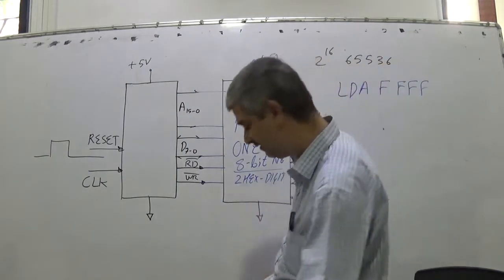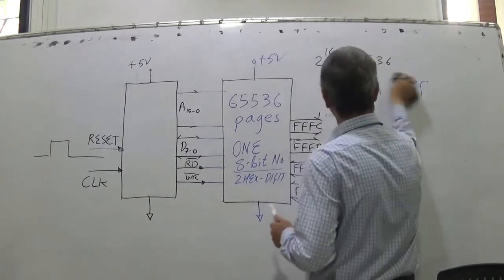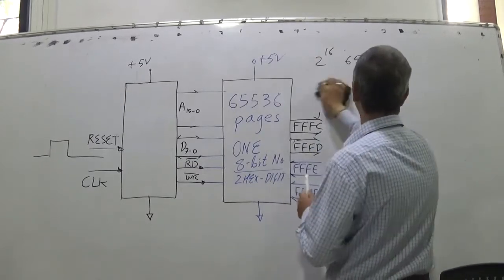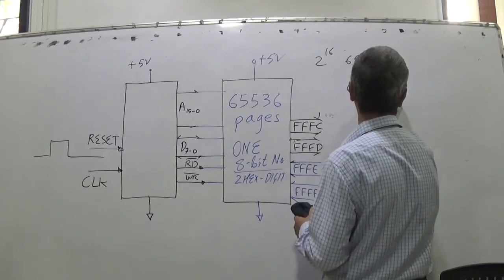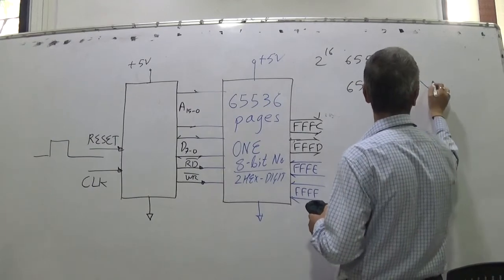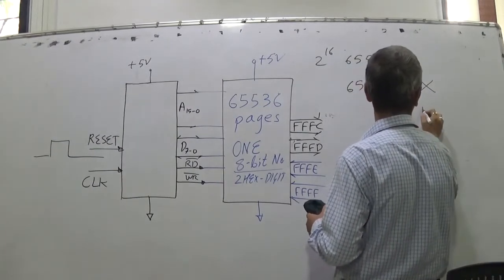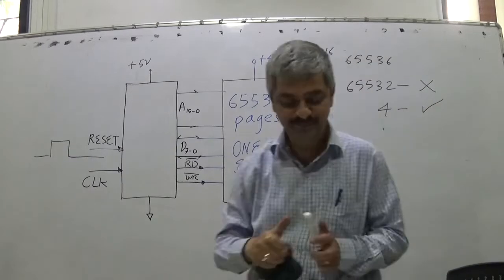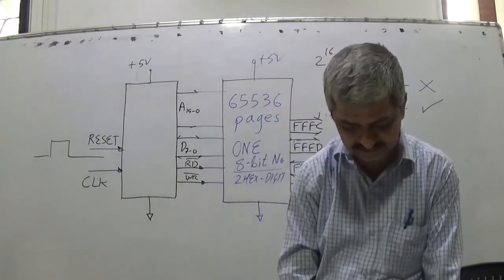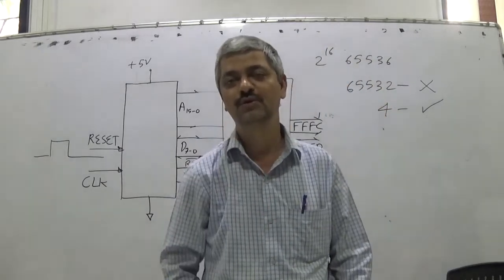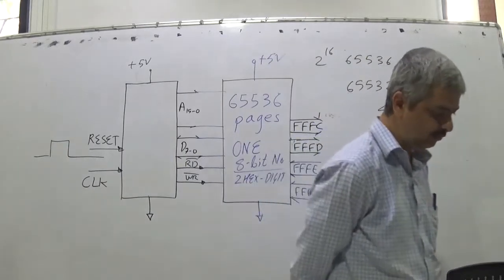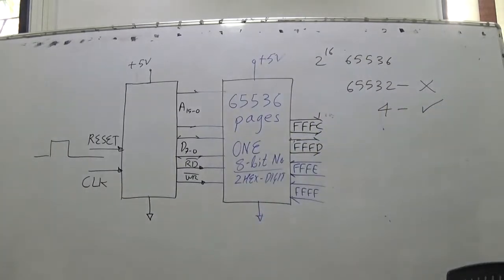Of these, 65,532 locations are not accessible to the user and 4 locations are accessible to the user. So the 64K memory contains 4 I/O ports. That memory location which is accessible to the user as I/O pins is called an I/O port.